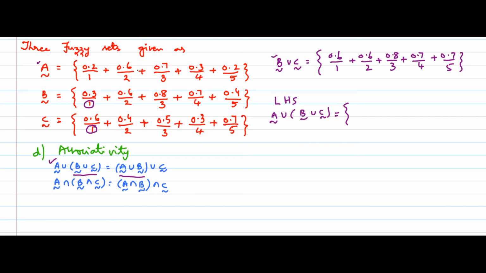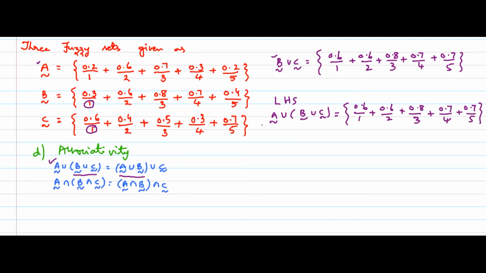For x equal to 1, the maximum value is 0.6 here. For x equal to 2, it's again 0.6. For x equal to 3, it is 0.8. For x equal to 4, it is 0.7. For x equal to 5, again it is 0.7.